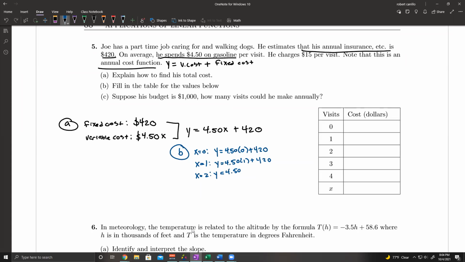When x is 2, y equals 4.50 times 2 plus 420. And when x is 3, y equals 4.50 times 3 plus 420. And when x is 4, y equals 4.50 times 4 plus 420.